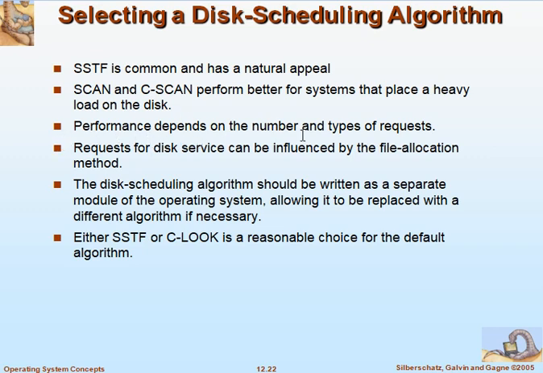Performance again depends on the number and types of requests. So in spite of all these algorithms, the performance will purely depend on how many requests we have and what type of requests we have. Irrespective of what kind of algorithm we have, it definitely depends on the number and type of requests.